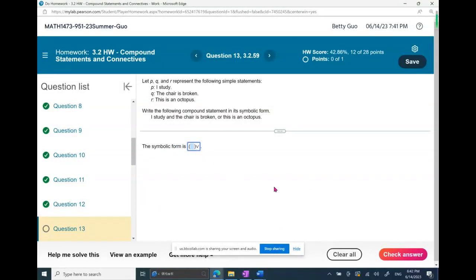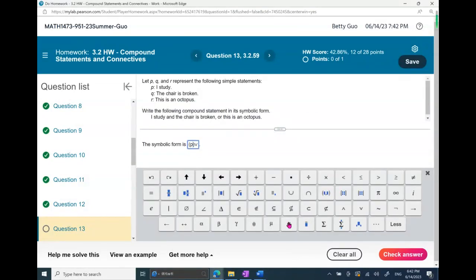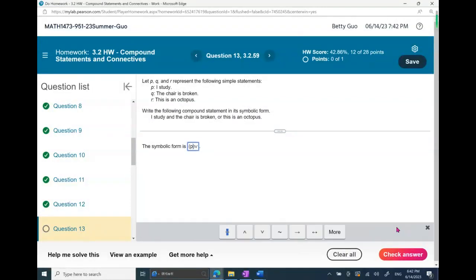The first component is a P and Q: P is I study, and Q is the chair is broken.